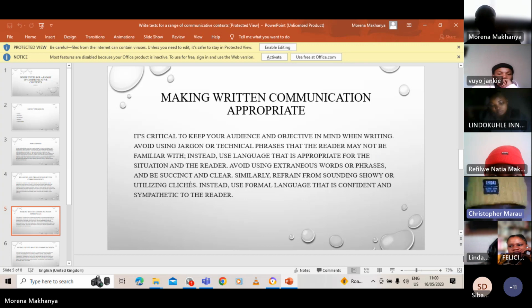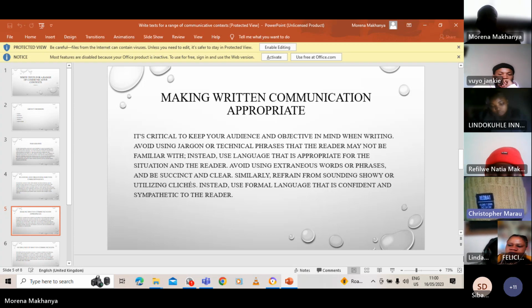Making written communication appropriate. It's crucial to keep your audience and objective in mind when writing. Avoid using jargon and technical phrases that the reader may not be familiar with. Instead, use language that is appropriate for the situation and the reader.